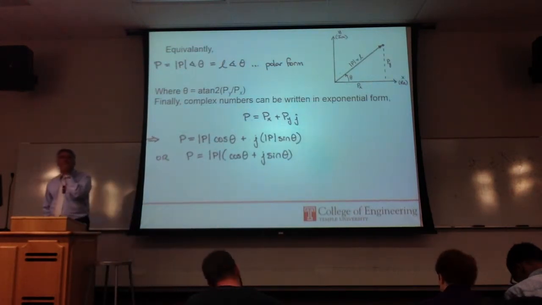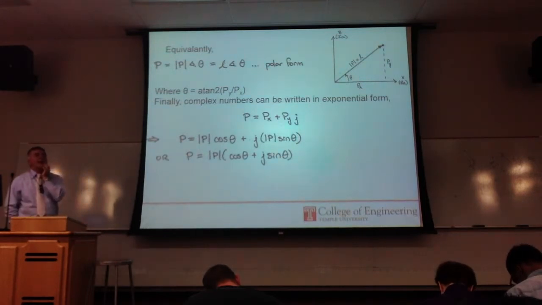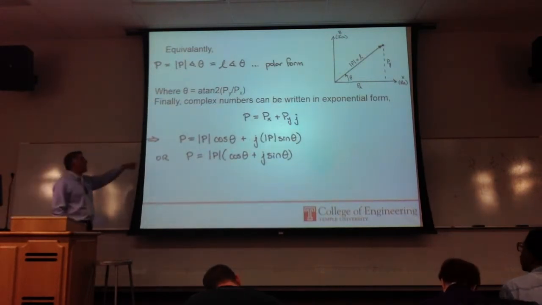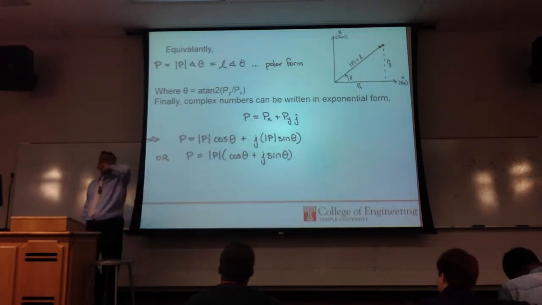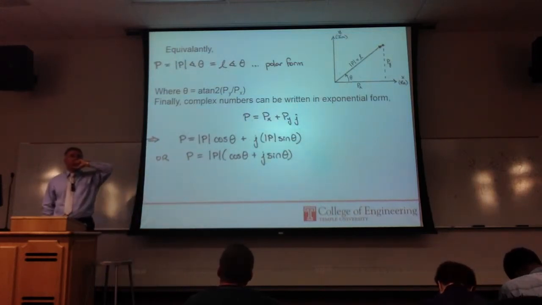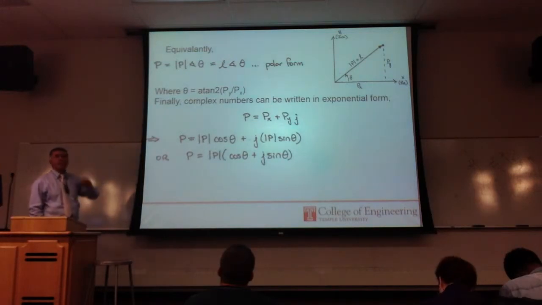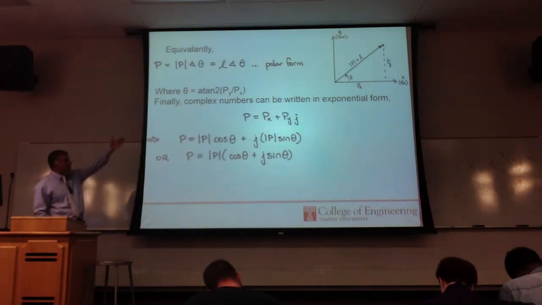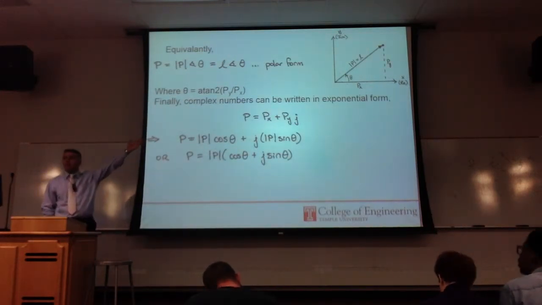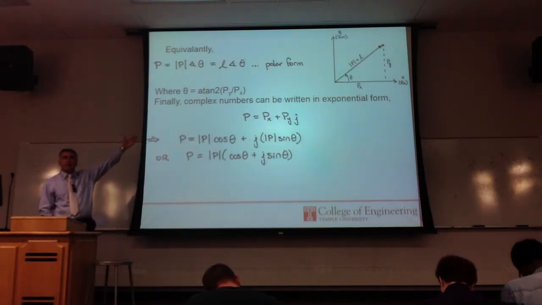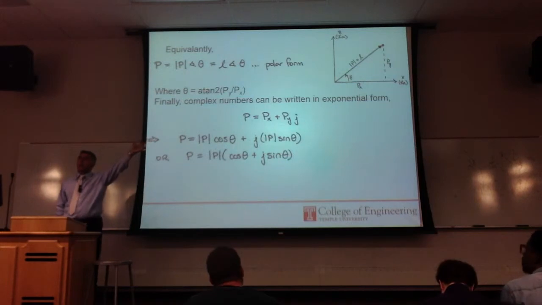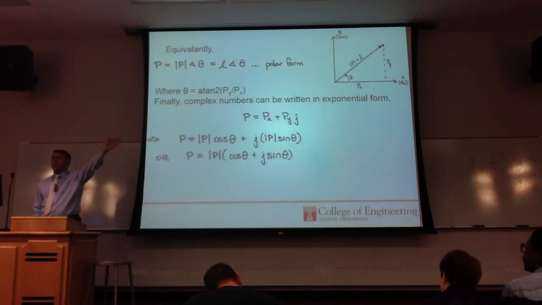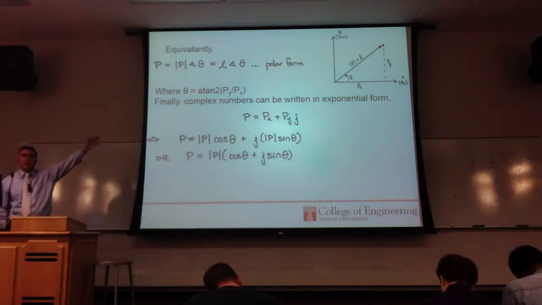Can somebody tell me? First of all, do you agree with the first line? Based on the geometry we have up there, px is simply the magnitude of P, or L in this case, times cosine of theta.